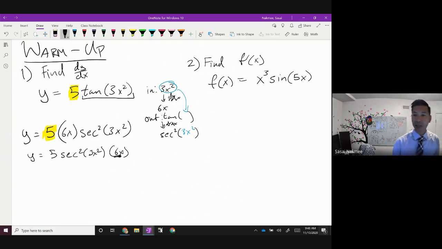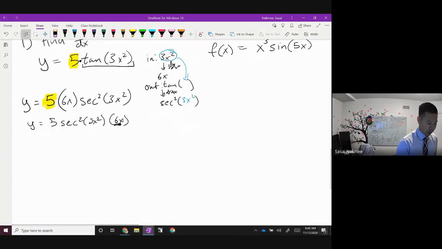Now, if you did the product rule instead, and you showed that it was 5 times tangent of x, you're not wrong. It's just extra work. Check this out. Oh, this is the derivative, I should say. If I was doing the product rule and I said the first function was 5 and the second function was tangent of some stuff, the product rule states that it's the derivative of the first times the second plus the derivative of the second times the first.